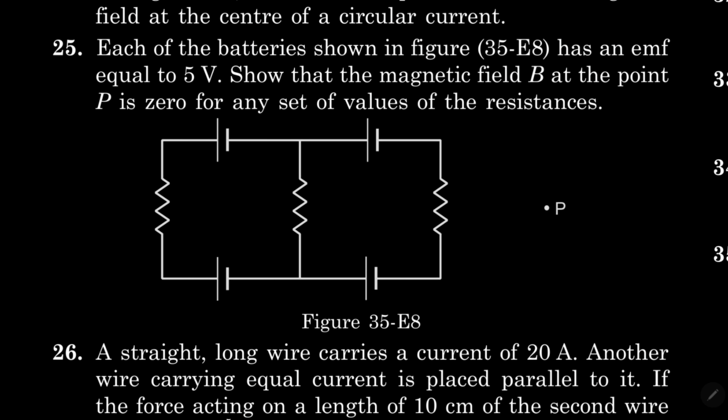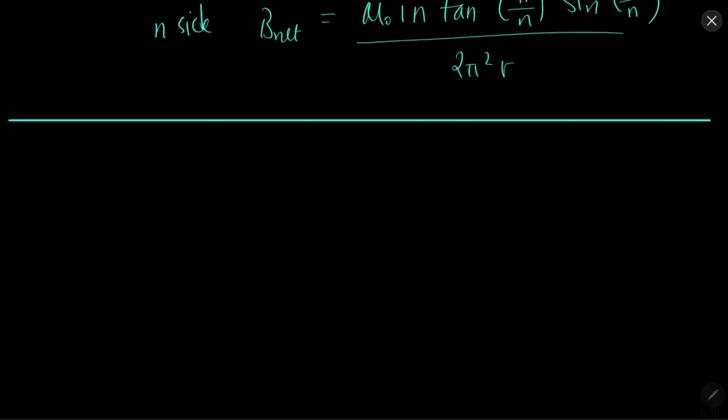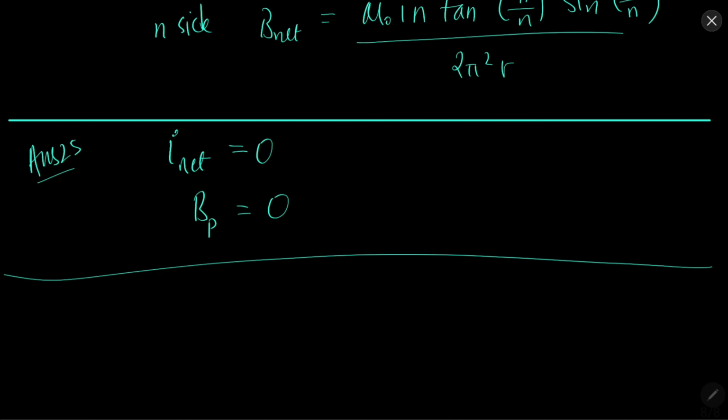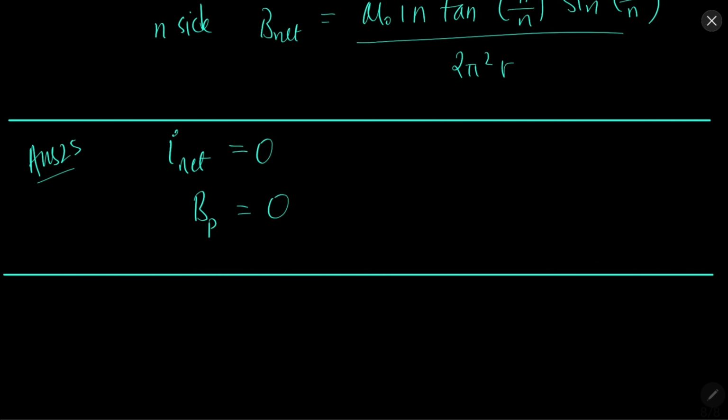In question 25, show that the magnetic field B at point P is 0. Solution 25: the net current in the circuit is 0, and the magnetic field at P will also be 0, because of the Wheatstone bridge principle.